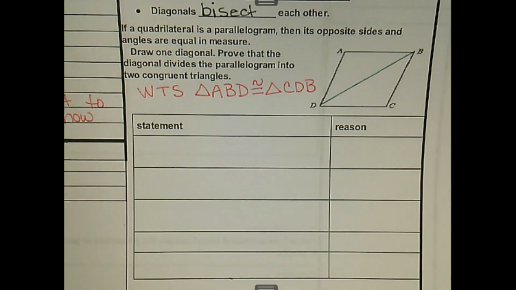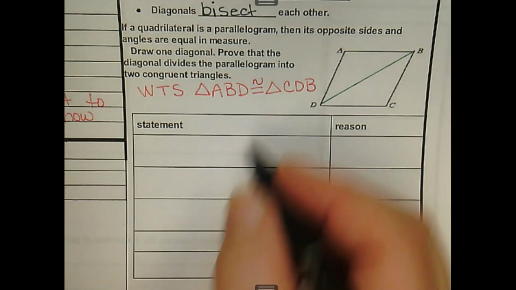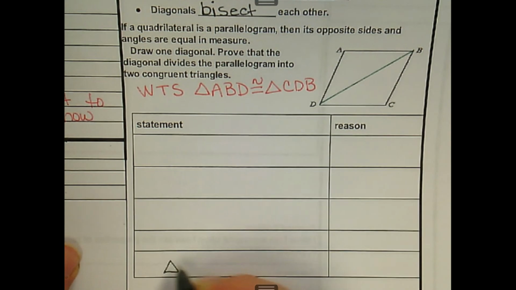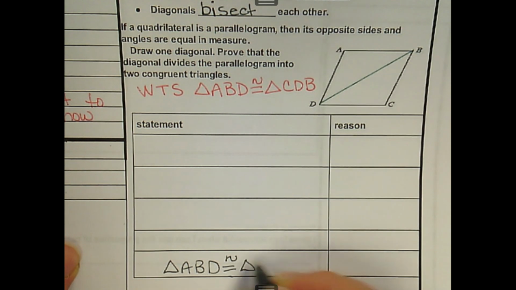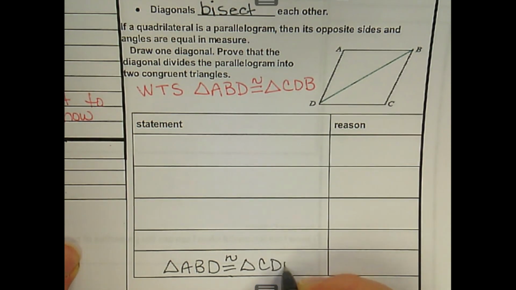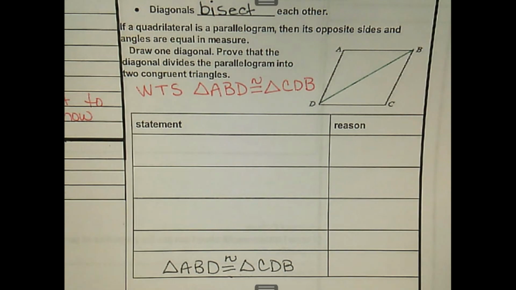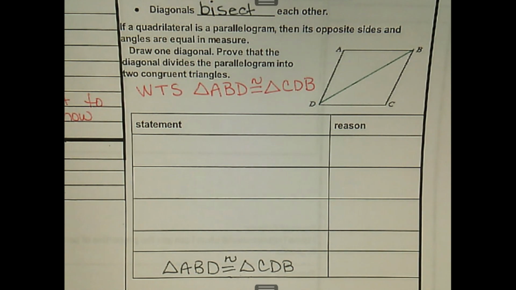So I don't know how I'm getting there, but triangle ABD is congruent to triangle CDB. But how do I get there? Step by step, how do I set this up? Okay, what do we do first? What do we use first? Well, we use our given information. So we start with what's given.